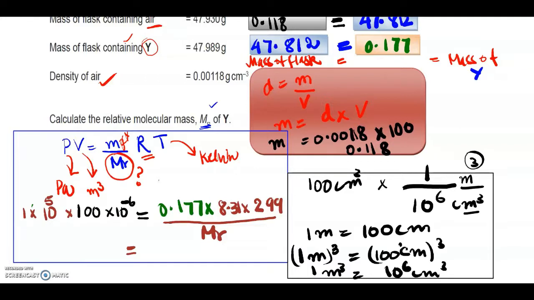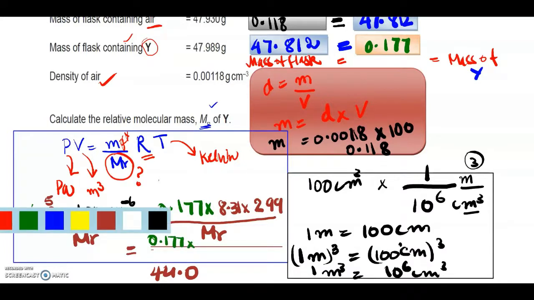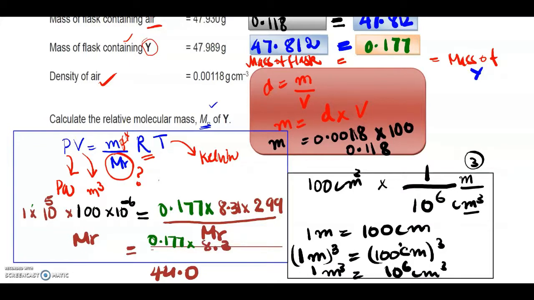You get the value of MR equal to 44.0. You shift MR here and the rest of the things here: 0.177 × 8.31 × 299 divided by 1 × 10^5 × the volume, which is 100 × 10^-6, and by solving this you get MR 44.0.